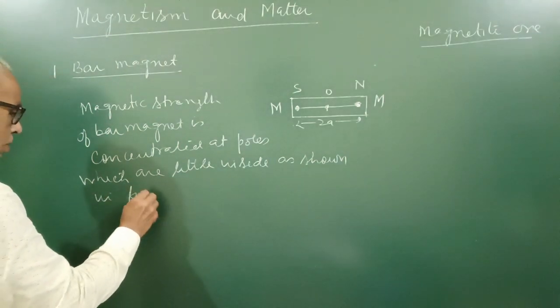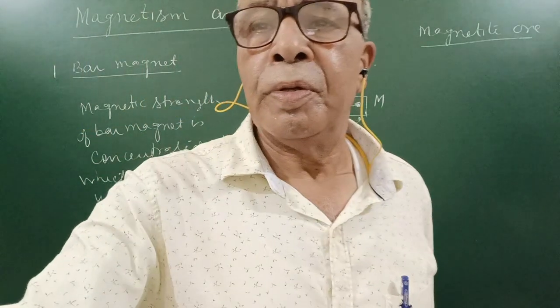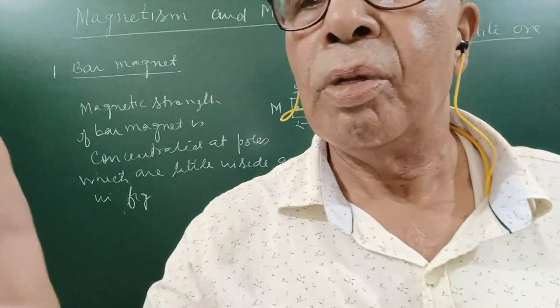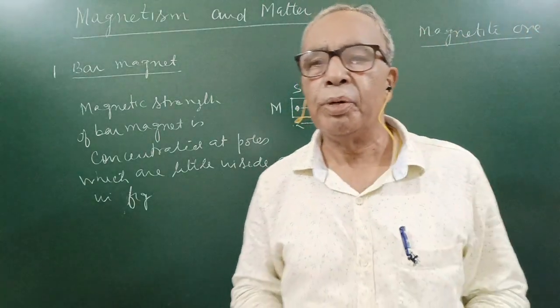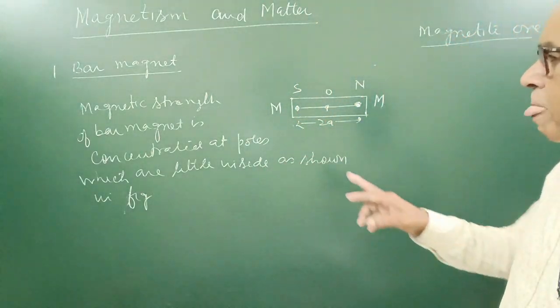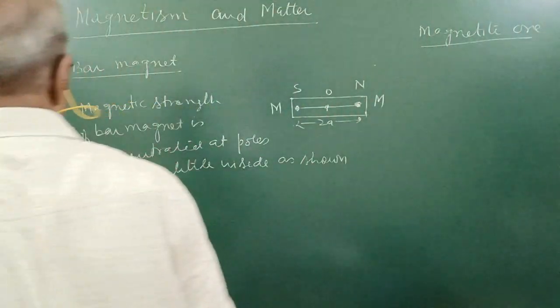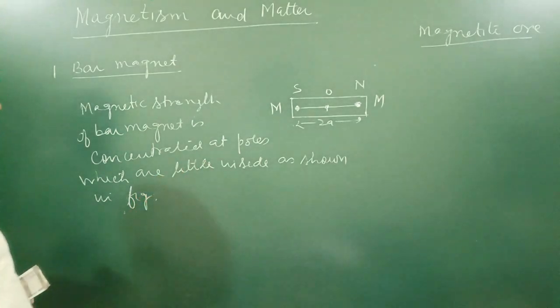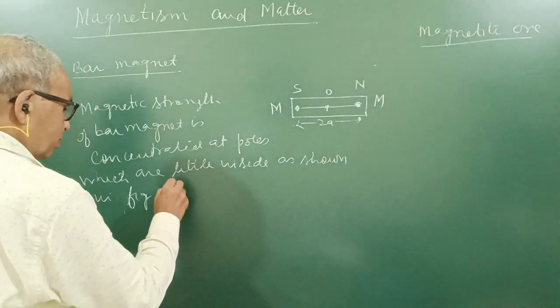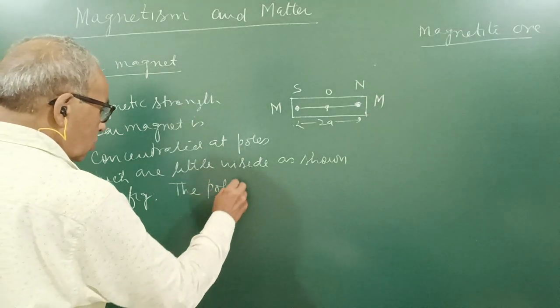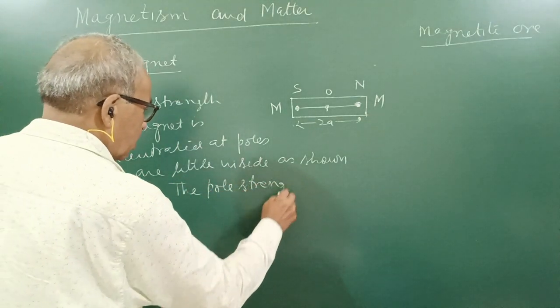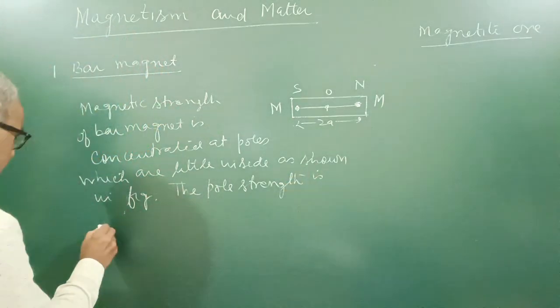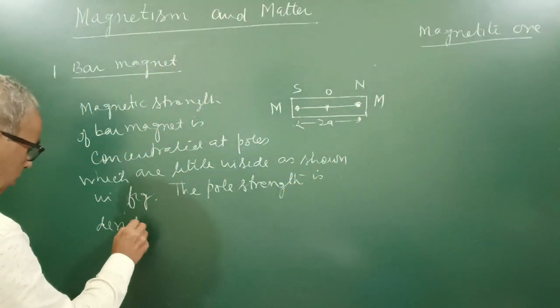Sorry, there was a disturbance in between. So I told you that the magnetic strength of the bar magnet is concentrated at poles which are a little inside, as shown in figure. The pole strength is denoted here by capital M.